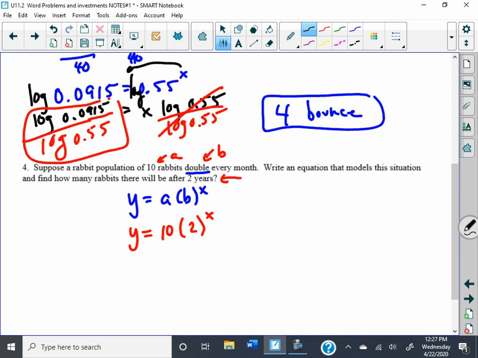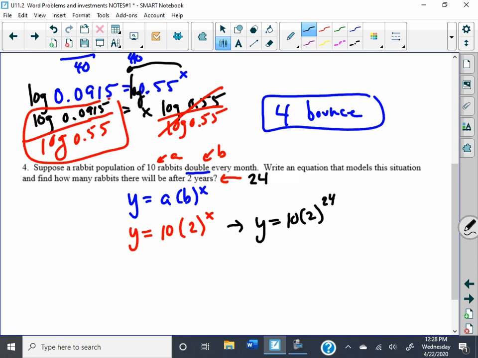So using that equation, we can substitute a number in for x. Now it says, how many rabbits are there going to be after 2 years? But it says it doubles every month, so we have to know how many months there are in 2 years. The number of months in 2 years would be 24 months. So we're going to plug 24 in for x. So y equals 10 times 2 to the 24th power.